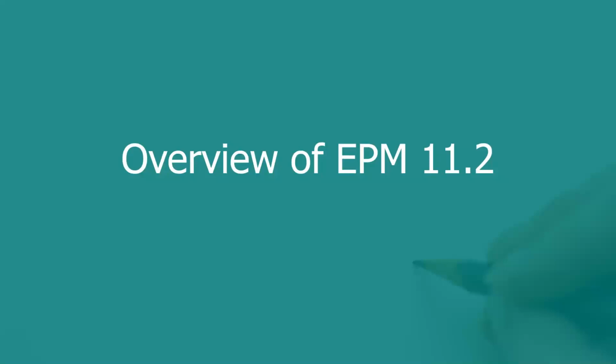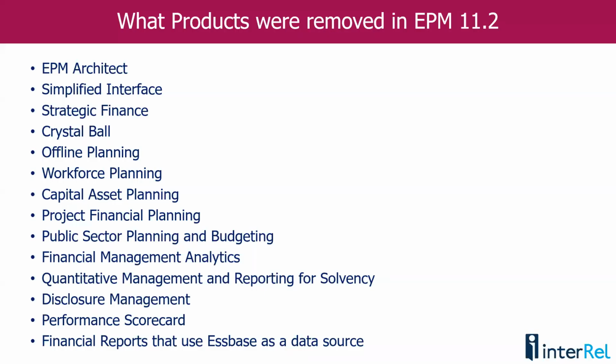Okay, so let's get started with the overview for EPM 11.2. The first thing we want to note is that some of the products that we are accustomed to in 11.1 versions have been removed from 11.2.